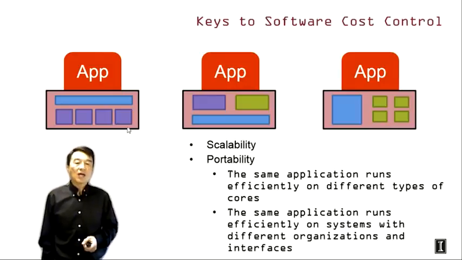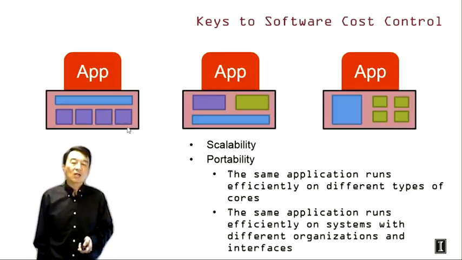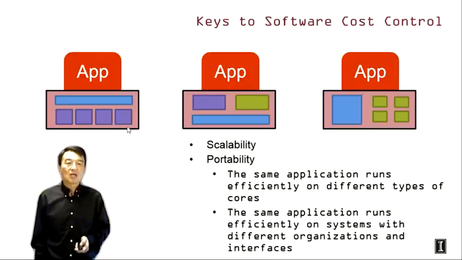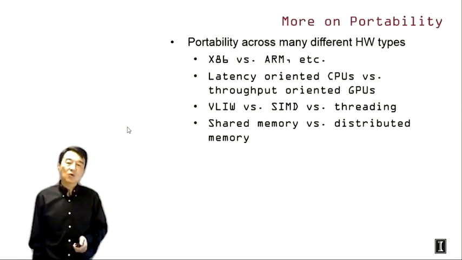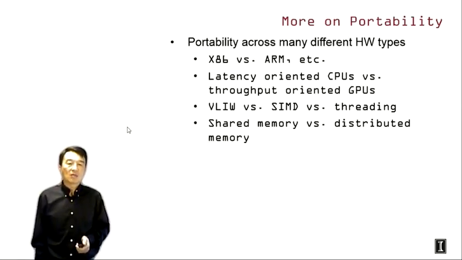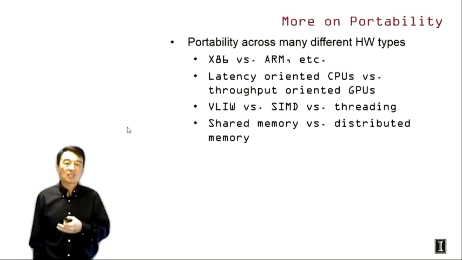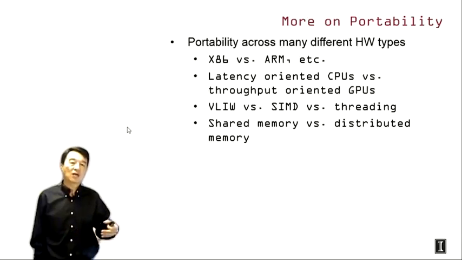A lot of times we will see different design styles from different vendors. For GPUs, oftentimes we will see very significant design differences, as illustrated in this picture. For CPU cores, we would see different instruction set architectures, such as x86 versus ARM versus others.